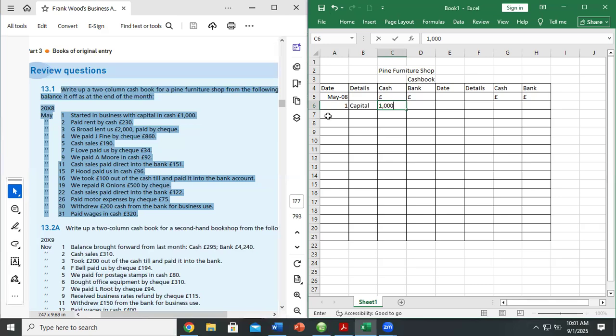Let's go to the second, paid rent by cash. Paid rent by cash. Professor Portia, paid rent by cash. Do we debit our cash book or credit? Please, we'll debit rent and we'll credit cash. Okay, so we'll credit our cash book, right? So we come to the credit side.